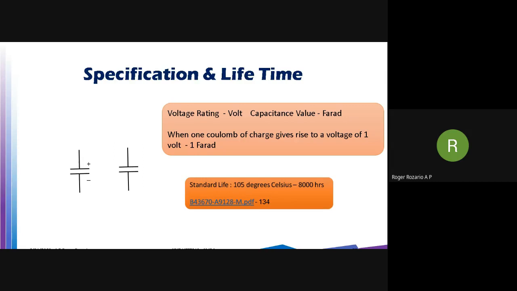That is a disadvantage of this capacitor. In your home, when you are using your ceiling fan for almost 5 to 6 years, the speed of the fan will get reduced, and at one point of time the capacitor will fail. So this is the reason. If you are operating the capacitor at 105 degrees Celsius, you can operate it satisfactorily for 8,000 hours.